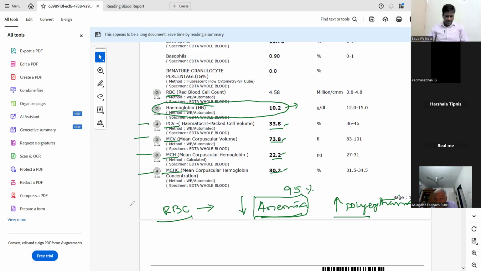So what happens if this is the tube? You are putting a total of, say, 100 ml. In a normal healthy individual, all the cell material will be deposited at the bottom.